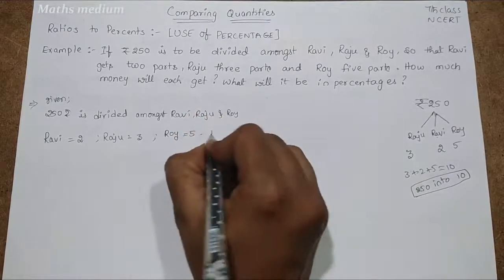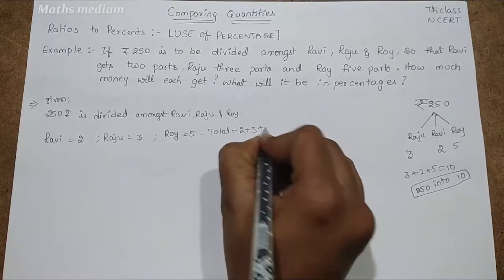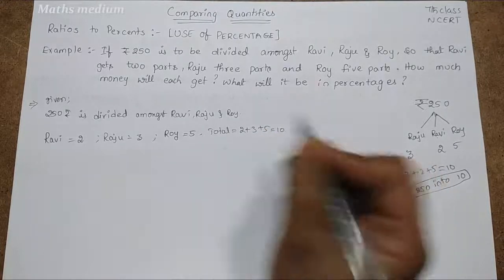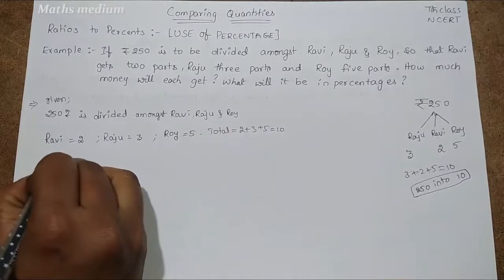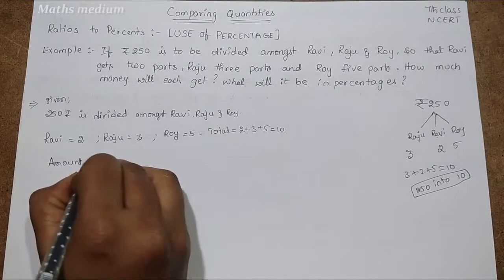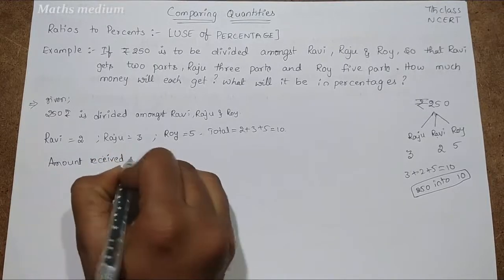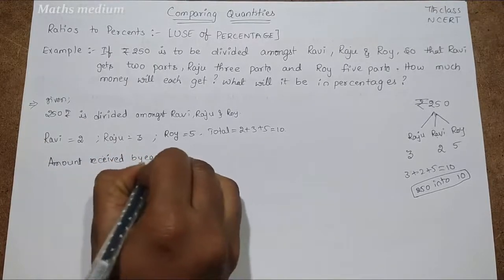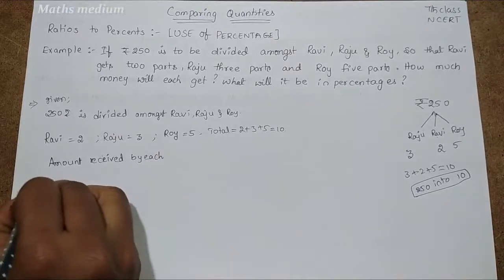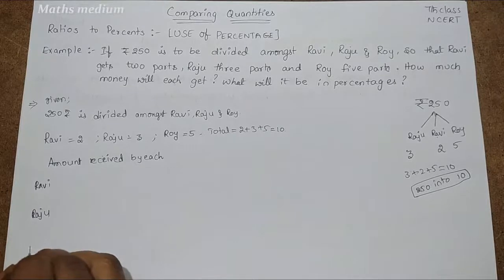So total is 2 plus 3 plus 5 is equal to 10, right? Now amount received by each is, if you take Ravi here, Raju and Roy.